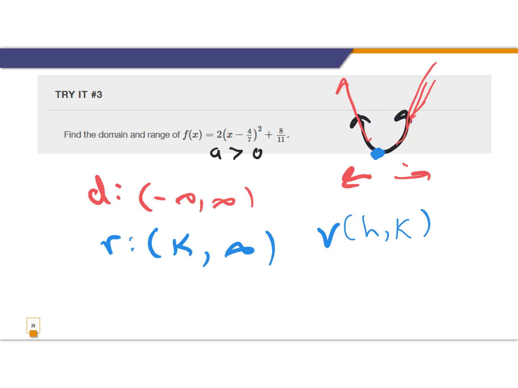So if I'm looking at a times x minus h squared plus k, I need the h. Well, this is minus 4/7. So that tells me that my vertex has to be 4/7 something, plus k, 5/11. I'm sorry, 8/11. This one was easy.